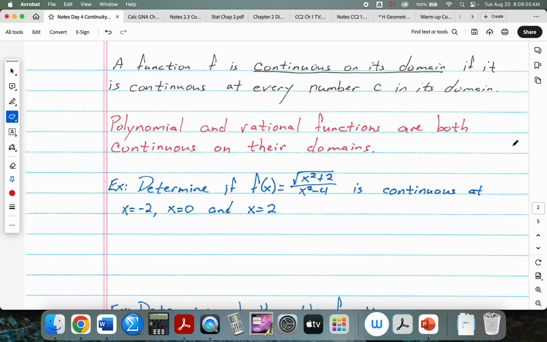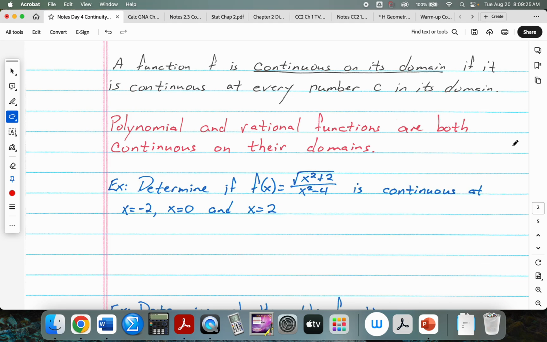So we say that a function f is continuous on its domain if it is continuous at every number c in its domain. Depending on the book that you look at, I like saying it this way. Some textbooks, and it's mathematically speaking true, but it's confusing, will say that a function is a continuous function if it's continuous on every point of its domain.